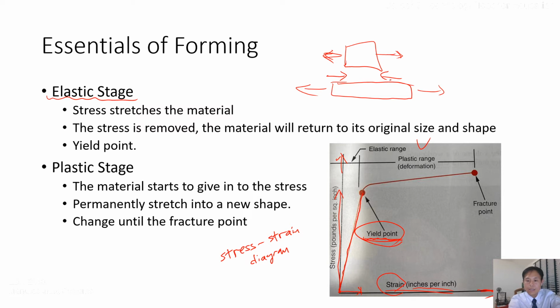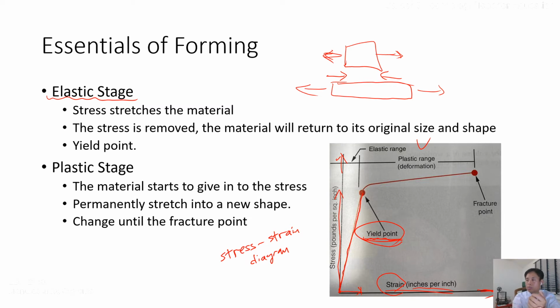That's the elastic range, the elastic stage. An example is clay. If we try to stretch clay, and at a certain range we remove the stress, it comes back to the original size. That's the elastic stage.